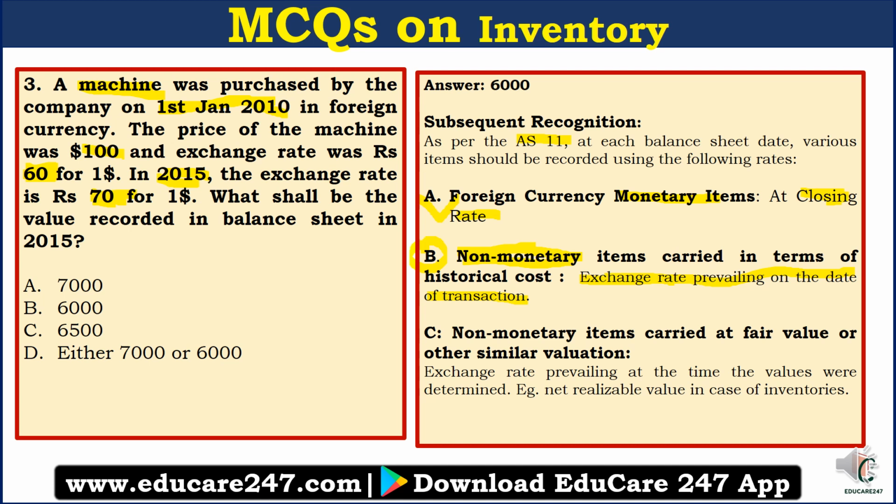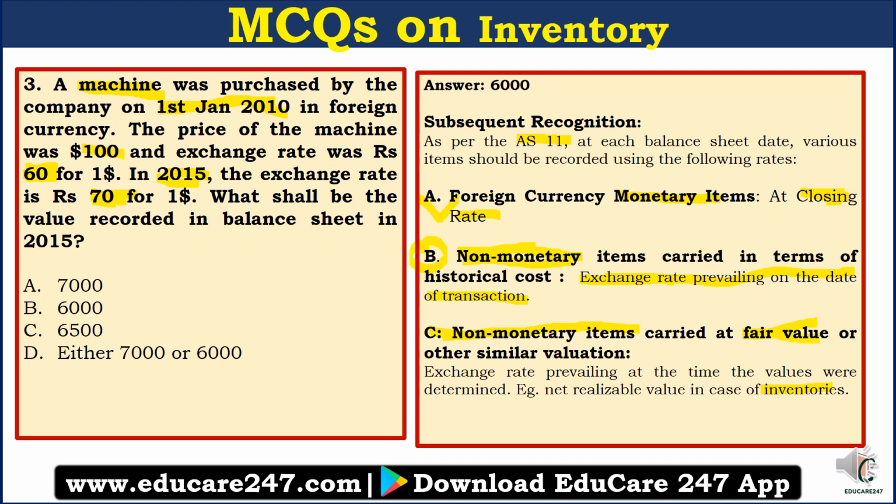Now category C. What is category C? It is non-monetary items carried at fair value or other similar valuations. Now certain non-monetary items like your inventories, they are recognized at net realizable value sometimes, right? So net realizable value is a kind of fair value only.